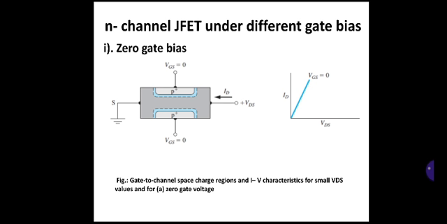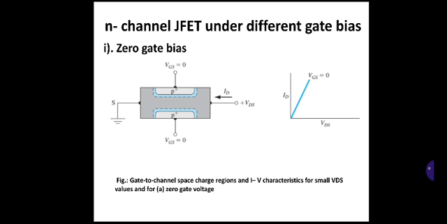So as shown in figure, if source is at the ground potential, source is grounded here, and if a small positive drain voltage is applied, that is plus VDS, a drain current ID is produced between the source and the drain terminals.